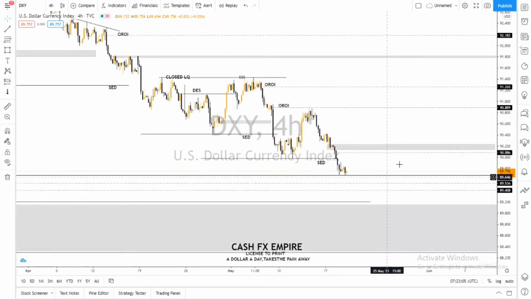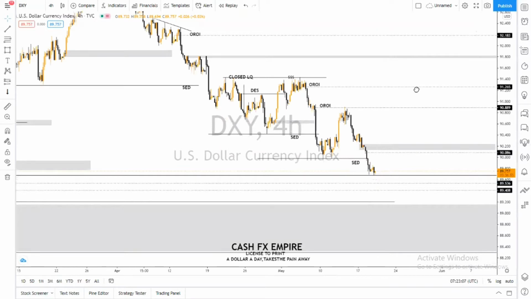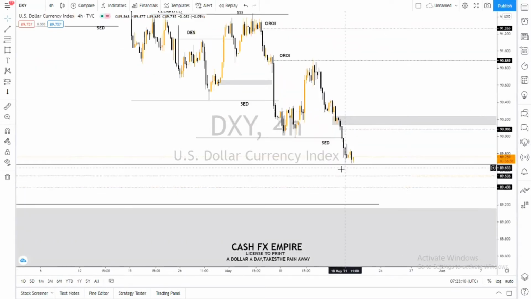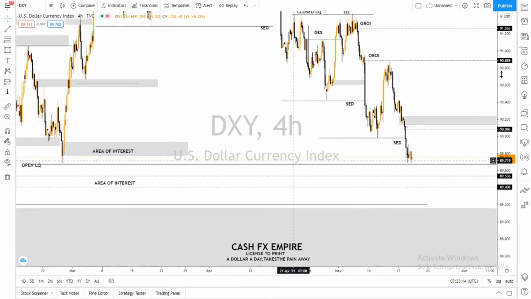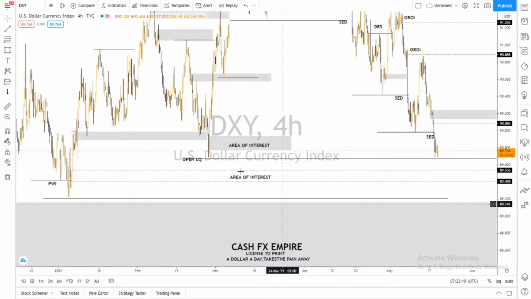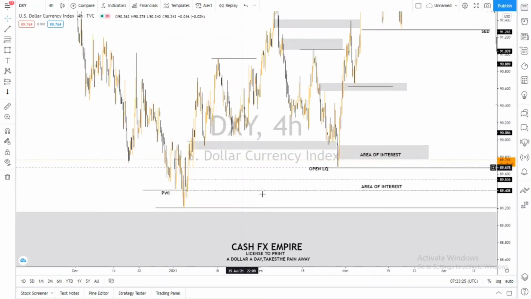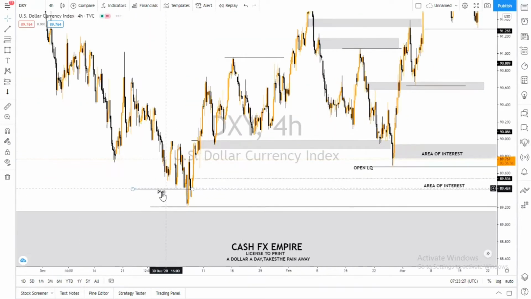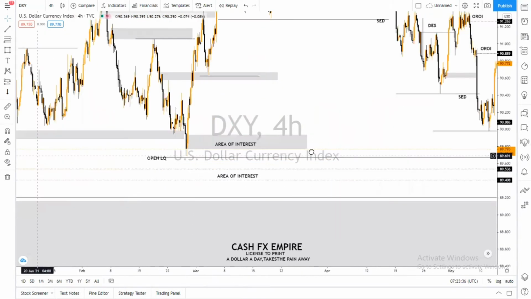But as much as price is showing signs of reversals here, I'm specifically waiting for price to come down into this area of interest. This is an OB, and there's a PWI here, and an OB that has formed here. We are waiting for price to come down into this OB, then we can see what we can do.